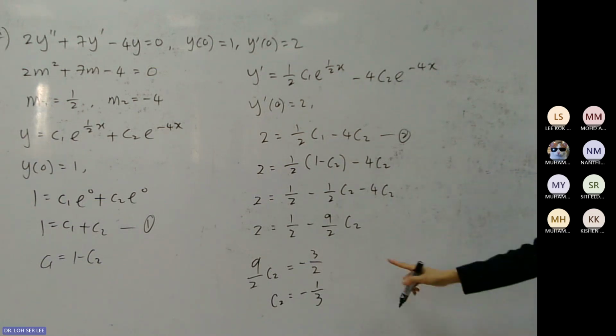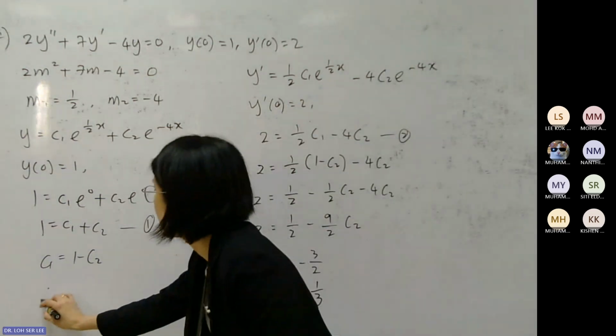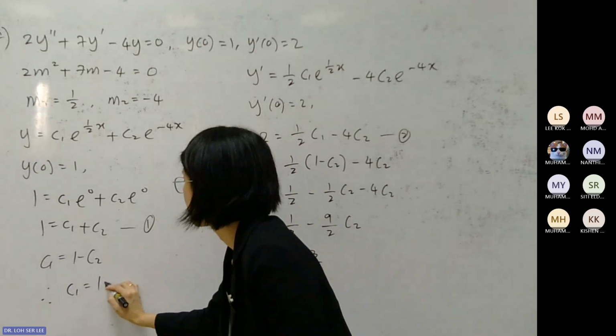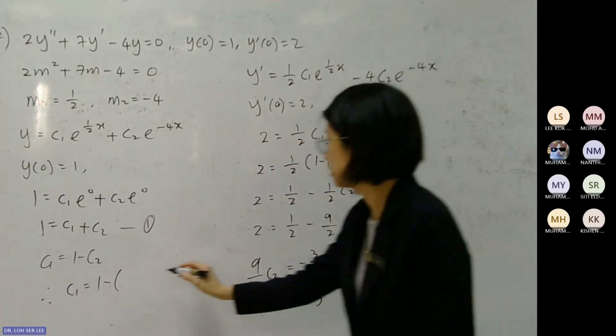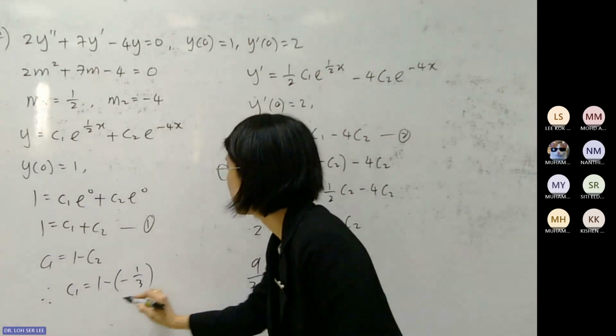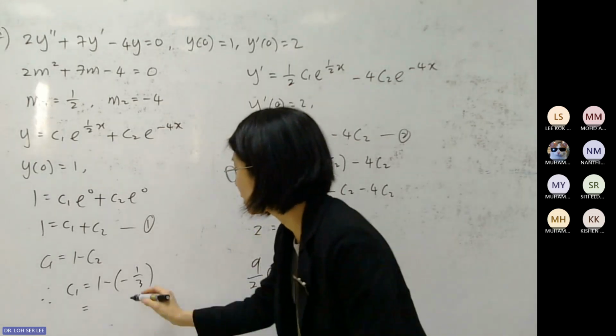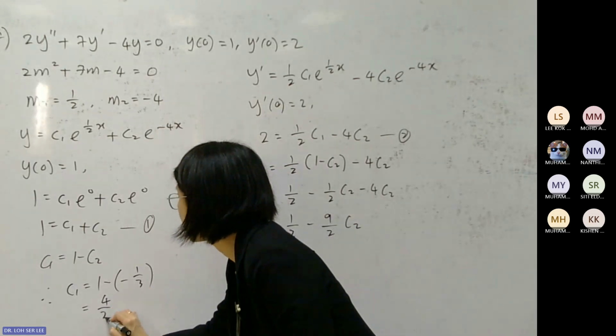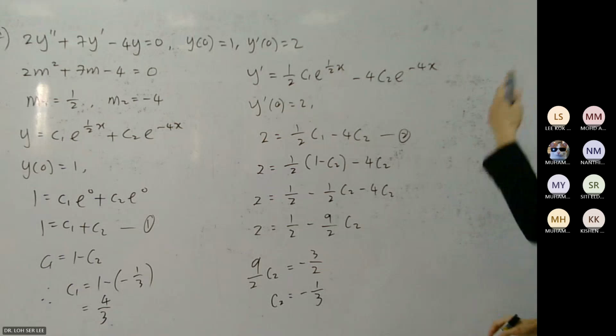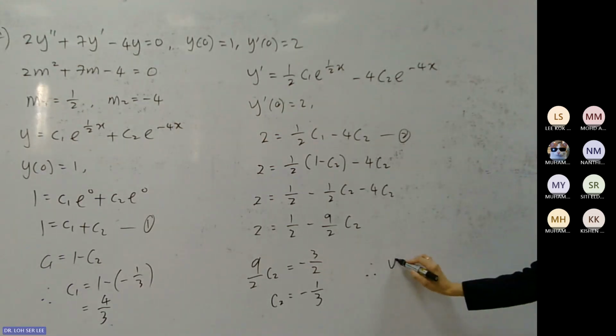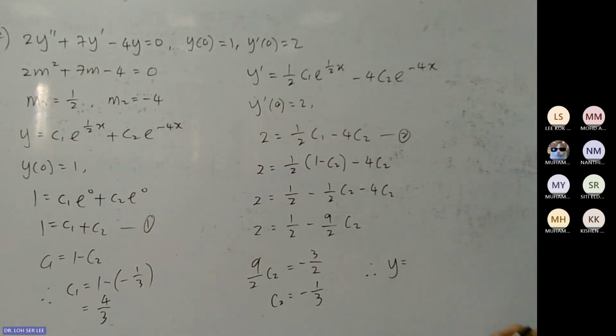So when you obtain C2, then get your C1. C2 is -1/3. So 1 plus 1/3 is 4/3. Okay, then write down your final answer: y equals 4/3 e^(x/2) minus 1/3 e^(-4x).